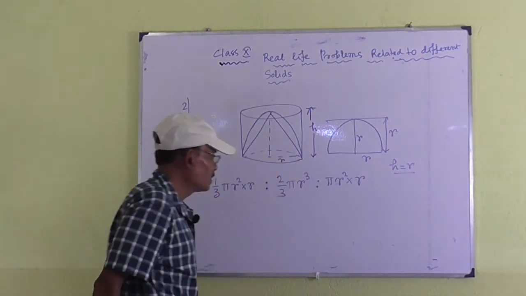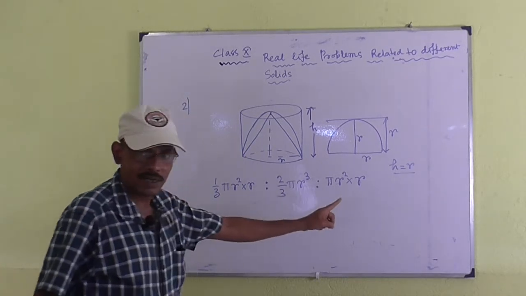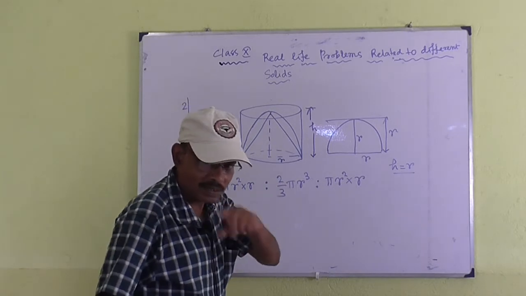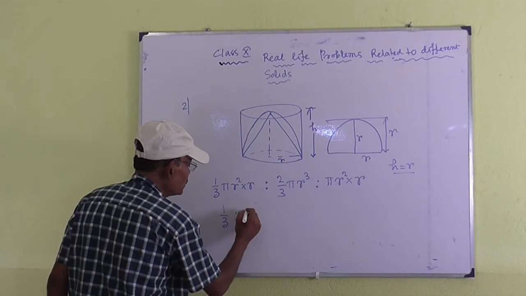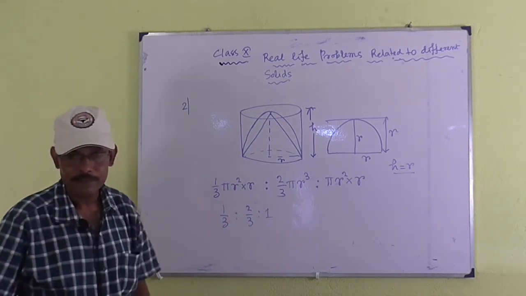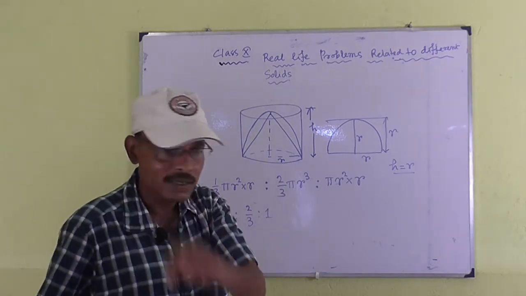Clear? Here we see that pi and pi are cancelled. R cube and r cube are cancelled. Clear? So we have 1 by 3 is to 2 by 3 is to 1. Now the LCM of the denominators is 3.